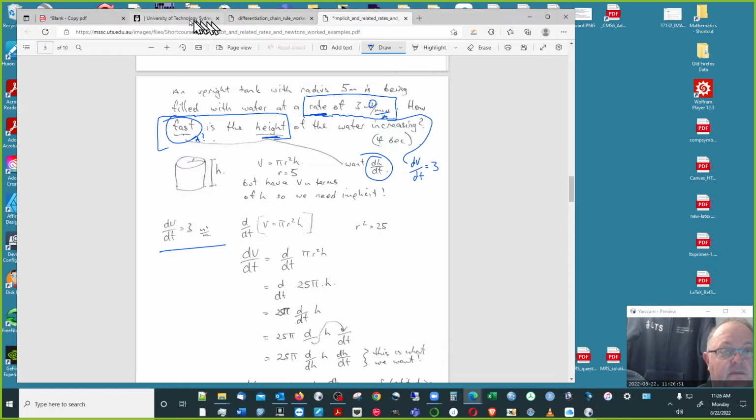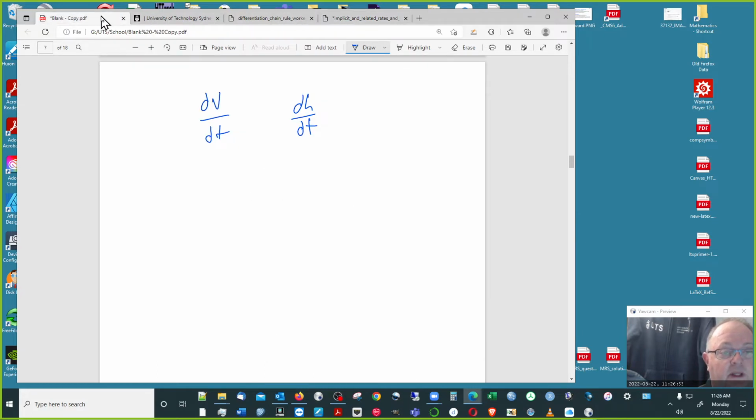So you can just play with it. Well, we were told this was equal to something. So it looks like the chain rule's over here. So what do you think the chain rule would look like? Like that, wouldn't it? So what we have is maybe a dh on the bottom.